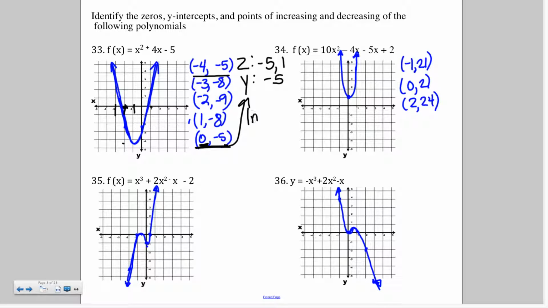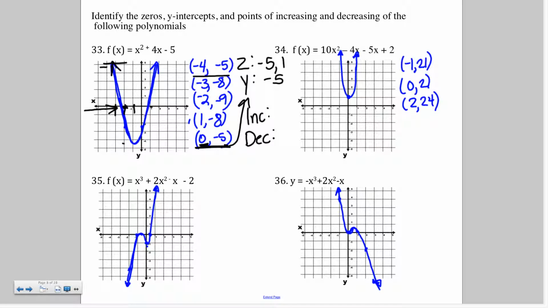Now increasing and decreasing is going to be an x value, either -infinity to whatever number or whatever number to positive infinity. And each of these will take one of those. So if I'm reading left to right, what is my graph doing? I have an arrow on this end, I know that, but if I'm going left to right, this graph is getting further and further away from me.